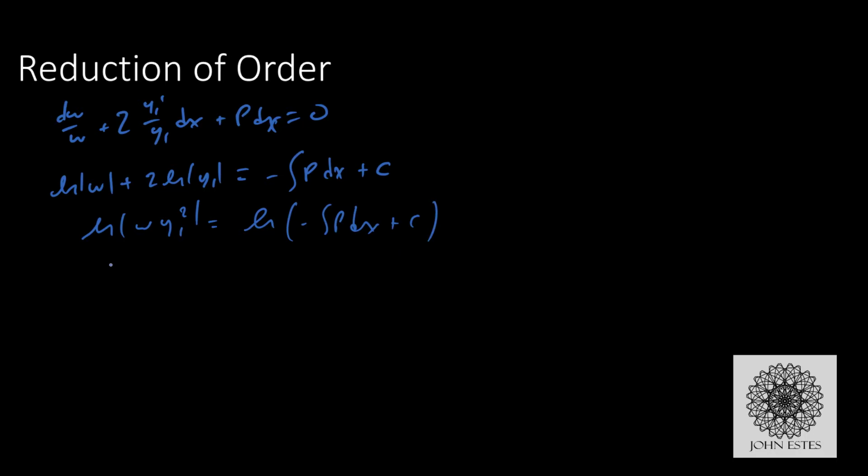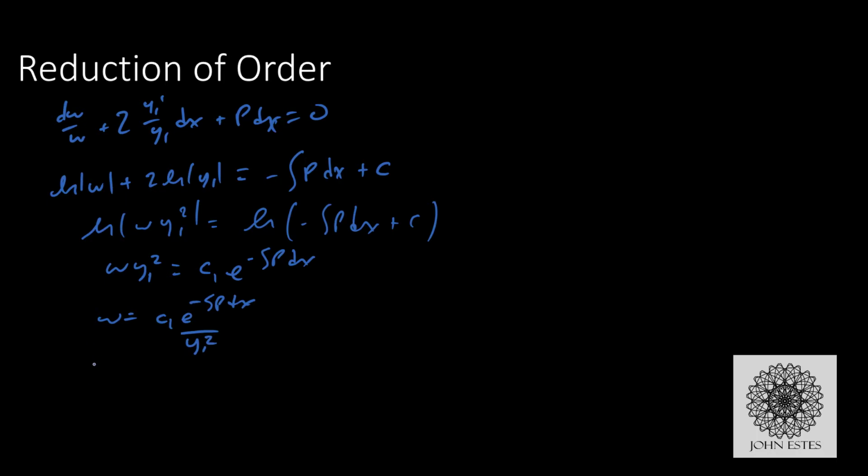Or a better way of saying this is that w y1 squared equals another constant e to the integral p dx. Or w equals c1 e to the negative integral of p dx divided by y1 squared.